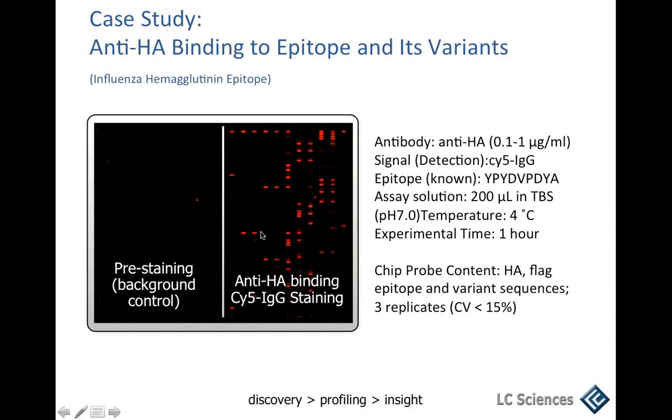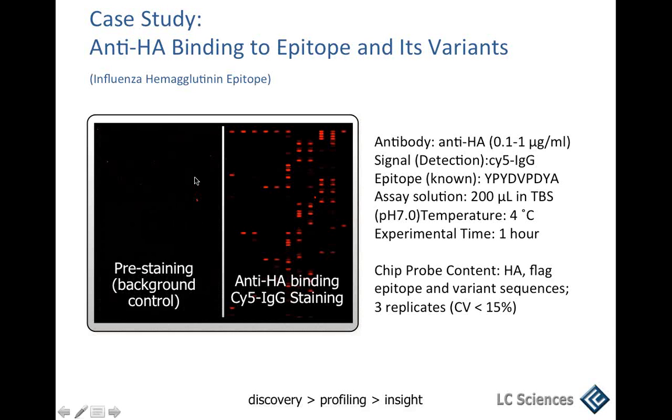This is just a glimpse of one of the chips shown here. We put on the chip the known epitope and then a couple of variations, a flag epitope and all its variant sequences. And we had at least 3 replicates.